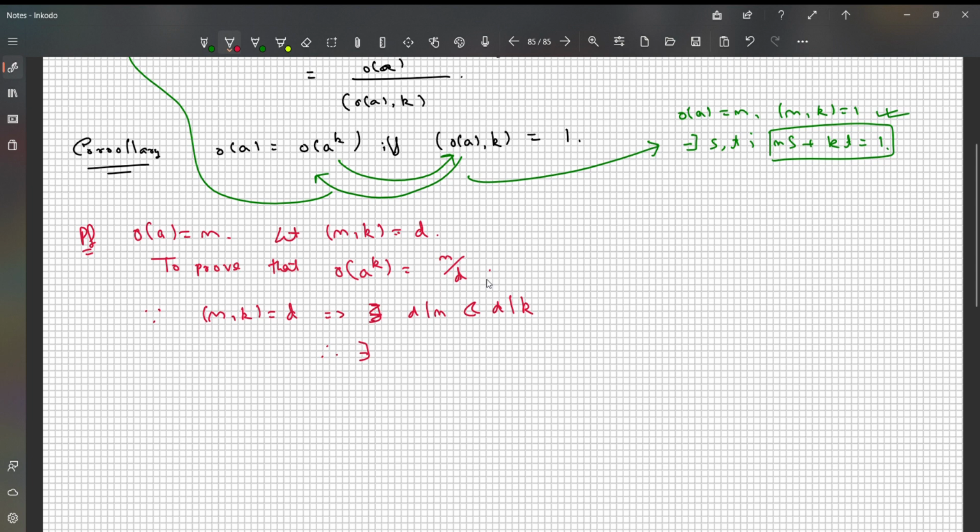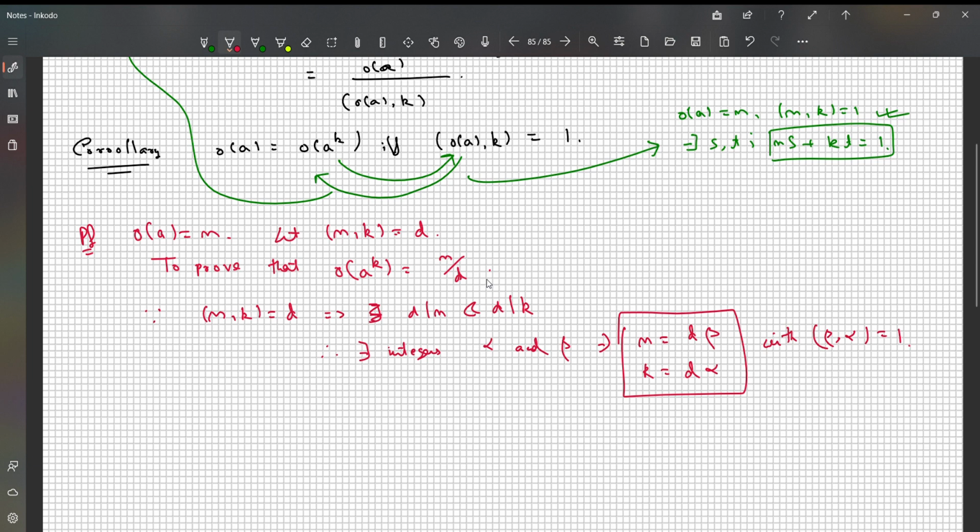Therefore, there exist integers alpha and beta such that you can write n as d beta and k as d alpha, with beta and alpha having GCD 1.